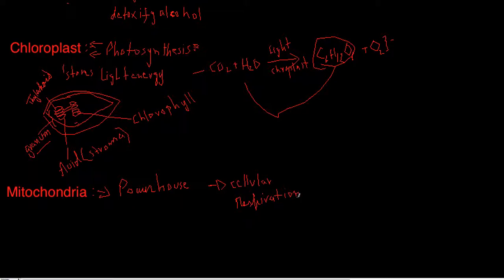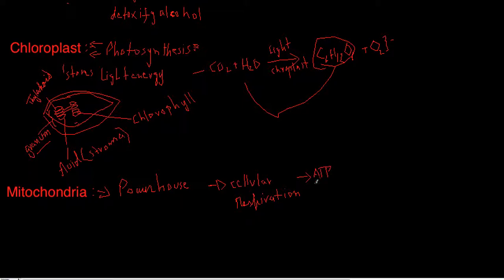Cellular respiration. It's the process in which glucose, in the presence of oxygen, which would then be called aerobic respiration, is broken down into carbon dioxide, water, and ATP, which is the currency of energy, or you may think of it as the main source of energy.